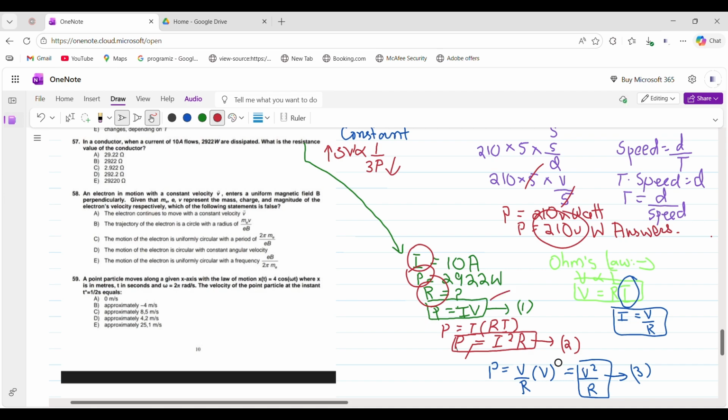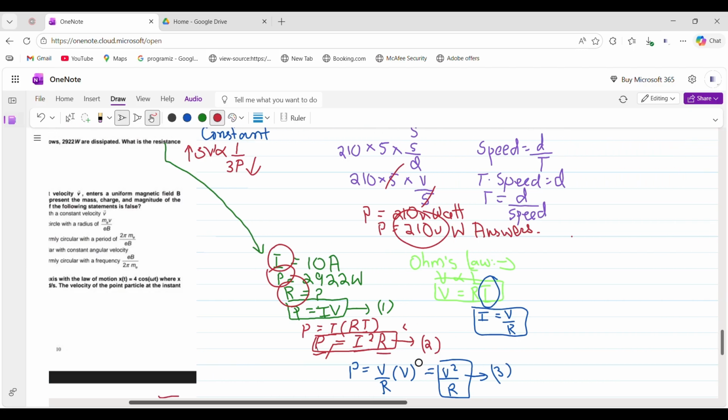If I see my first formula, I don't have resistance here, right? Current is here, power is here, but not resistance. So I can't use this first formula. If I see my second formula, yes, power is mentioned, R is given, and I is given as well. So which means I can use this second formula.